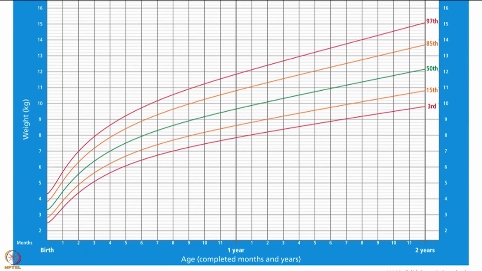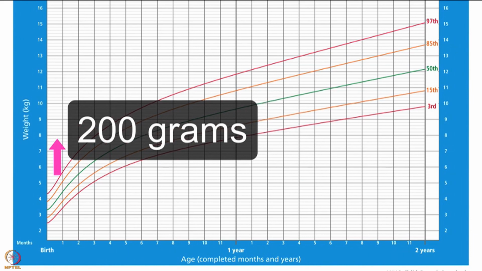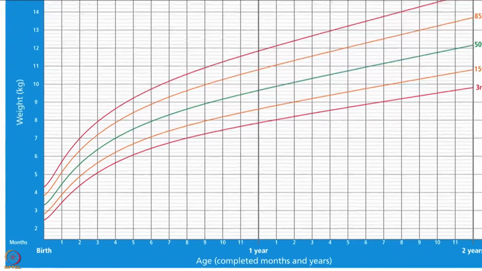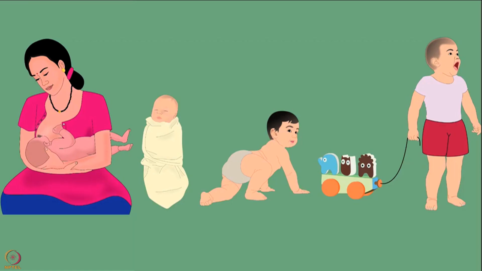The horizontal lines mean an increase in weight by 0.2 kgs or 200 grams. The x-axis shows age. It starts with 0, which is at birth. Age is plotted in completed months and years from 0 to 2 years of age.